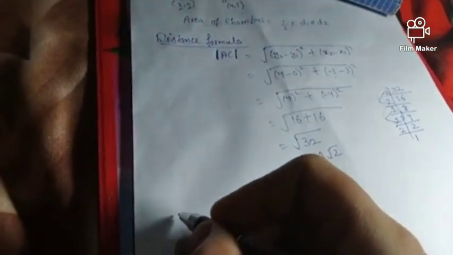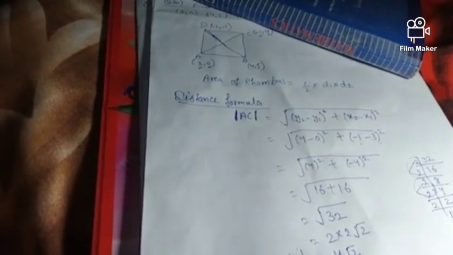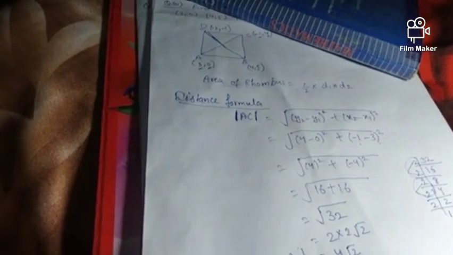Now, we will find the length of diagonal BD. Same formula we will apply. That is root of, here y2 will become minus 1, y1 will become 5, x2 will become minus 2, x1 will become 4. Now, put the values. y2 minus y1 square, x2 minus x1 square.